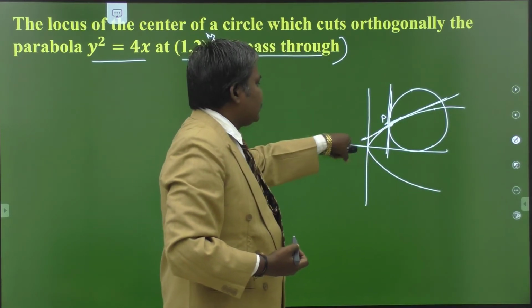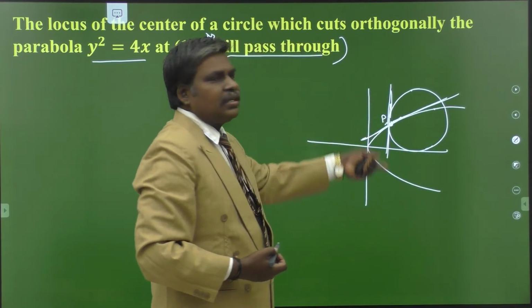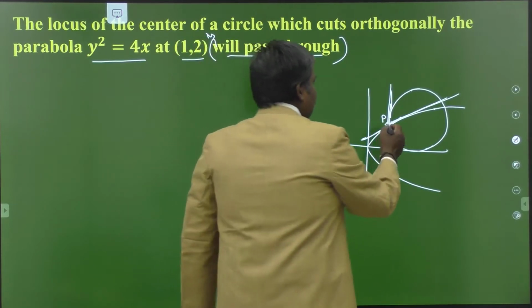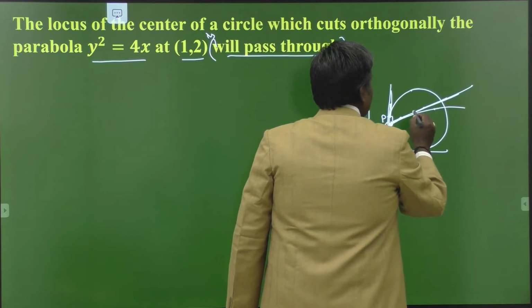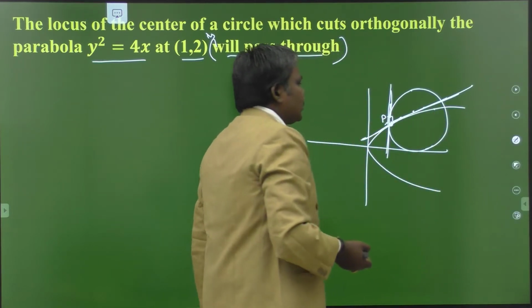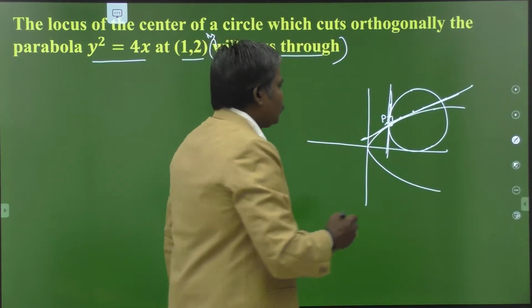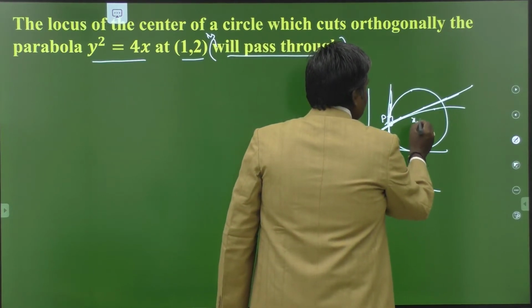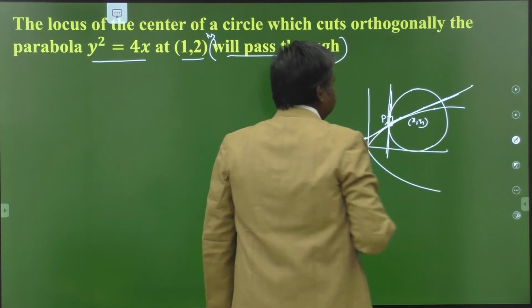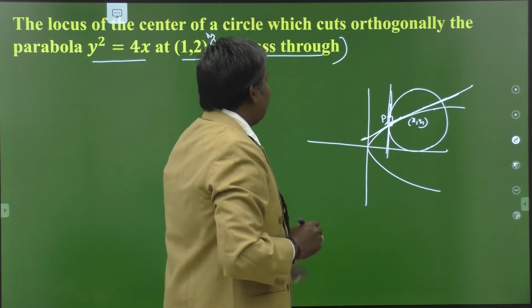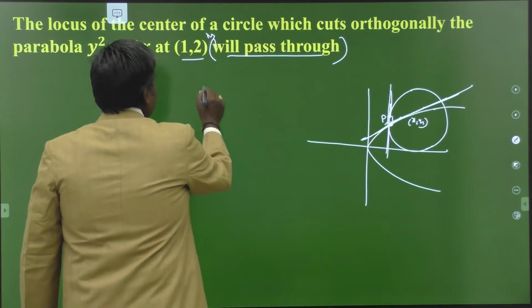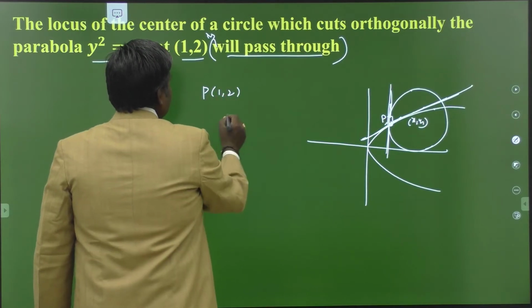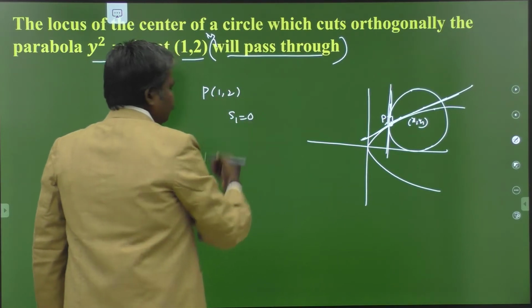In this case, the tangent of the parabola is normal to the circle. At that time, the angle is 90 degrees. That means the tangent is normal to that circle, which means it is passing through the center of the circle. So let x1 comma y1 be the center of the circle, say. What is the tangent at P to the parabola? The equation of tangent at P (1 comma 2) to the parabola is S1 equal to 0.